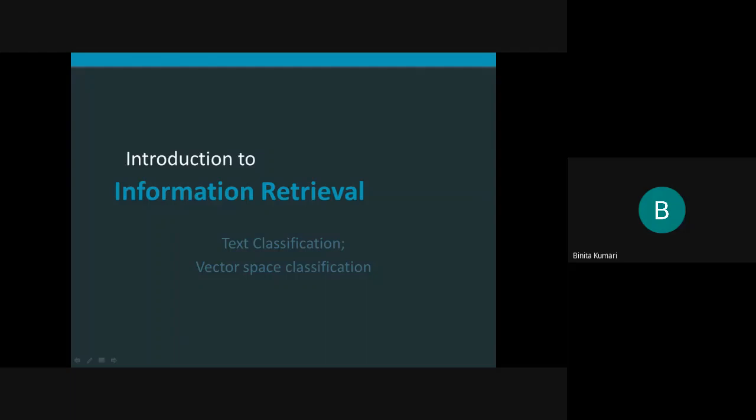So the documents which are very much similar to each other will be belonging to one class, and thus in the vector space representation, they will be very close to each other. So the documents belonging to two classes will be very distinct and clearly visible.